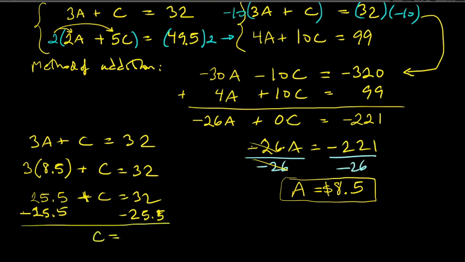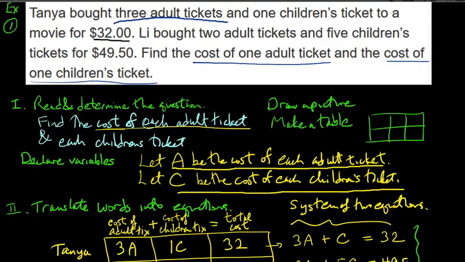And so 32 minus 25.5 is 6.5. So C is 6.5. 6.5 what? $6.5. So we can make it $6.50, right? And I think that answers the question, right?